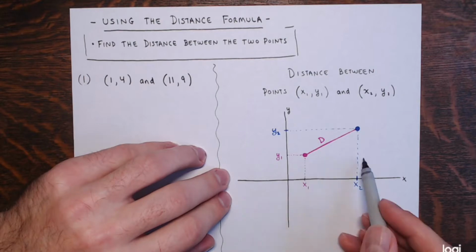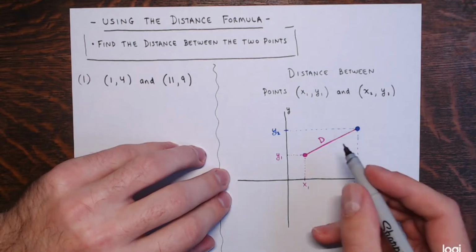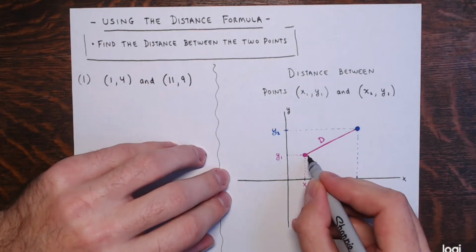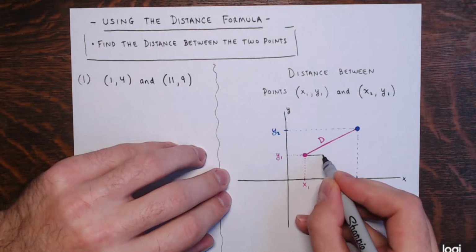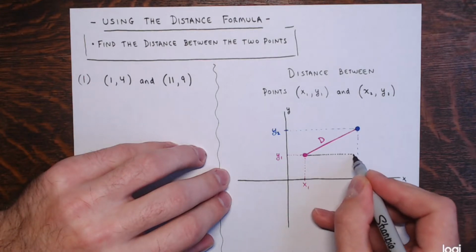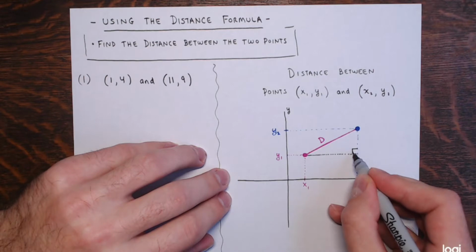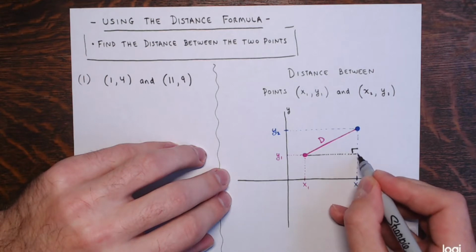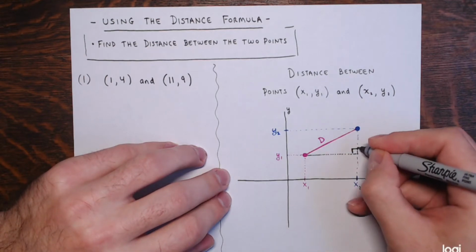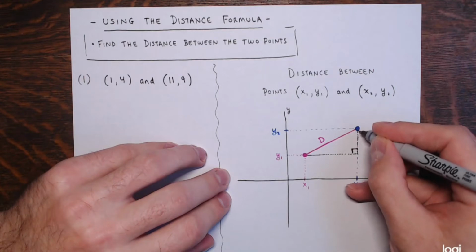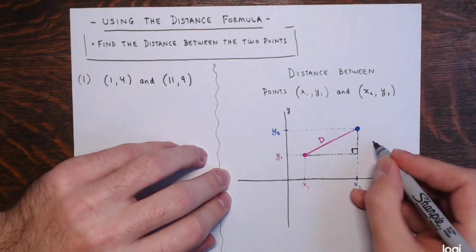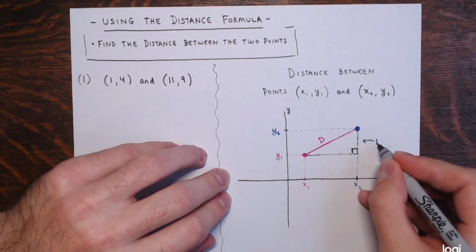I can only go right and left and up and down. Well, here's how you'd have to travel. You'd have to travel to the right this far. And I'm going to make a little 90-degree angle here because I'm turning left, and going up. You'd have to go up that far. And you see what has been created here is a right triangle.